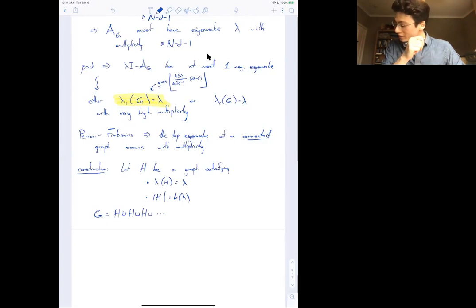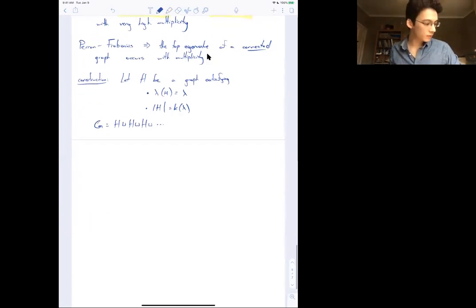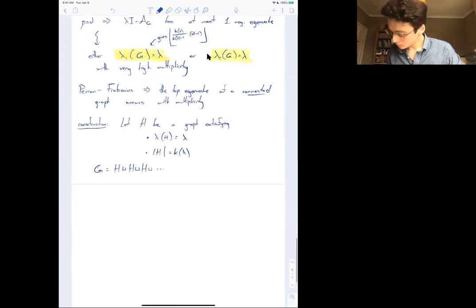So all I need to do is show that the second largest eigenvalue case cannot do as well as this asymptotically. And that's our main contribution. So let me spend a minute talking about second eigenvalue multiplicity.